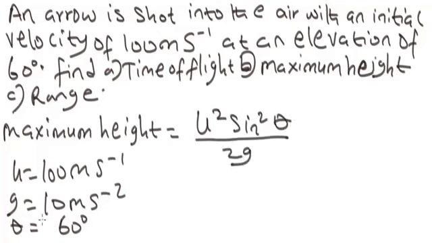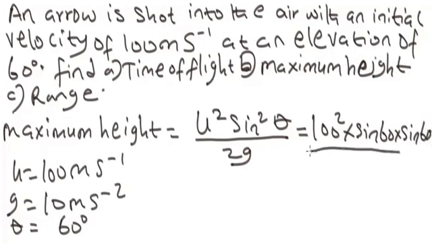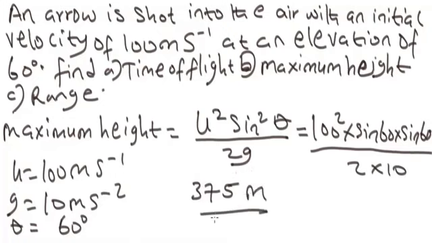Substituting, we have 100 square times sine square theta, which means you should multiply sine theta 2 times, so times sine 60 times sine 60, over 2 times 10. Once you store it in your calculator, I have it to be 375. Since we're talking about height, the unit is meter. This will be the maximum height.